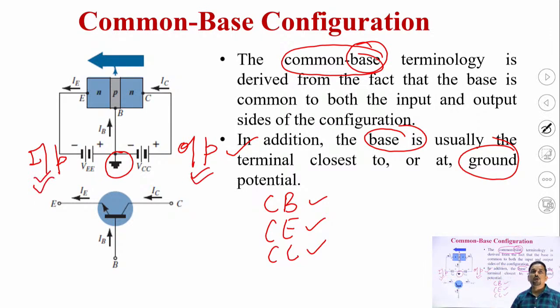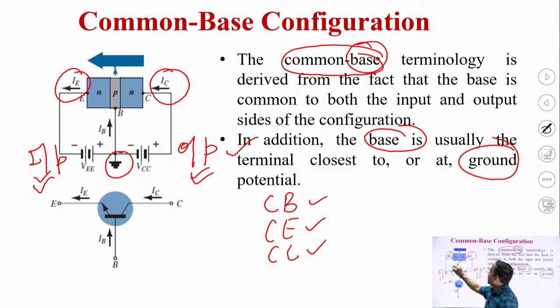So this particular configuration is known as common base configuration. We can clearly see here that in the common base configuration, the input current is IE, the output current is IC, the input voltage is VBE, and the output voltage is VCB, which is called the collector to base voltage.